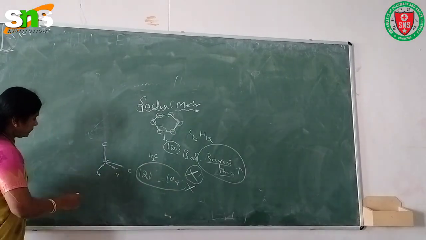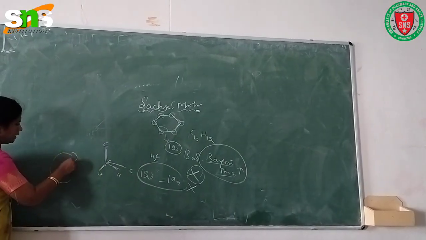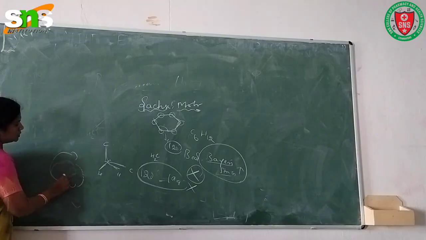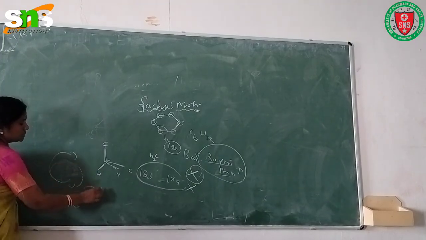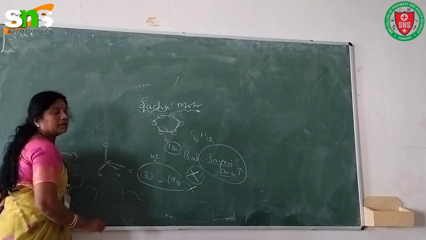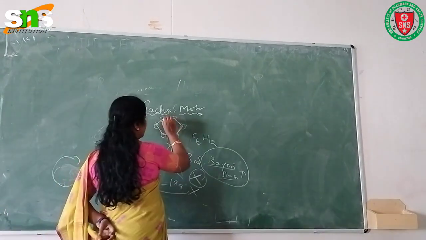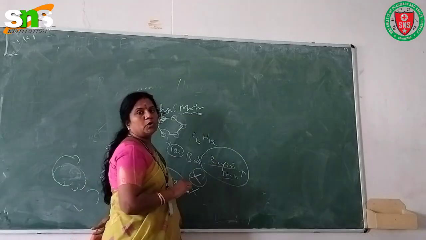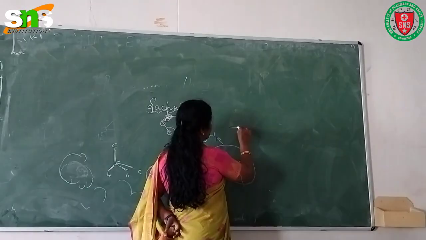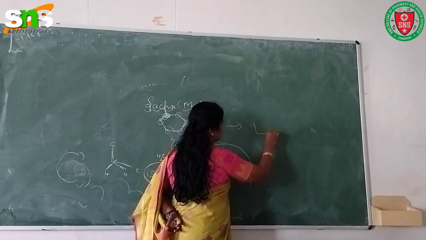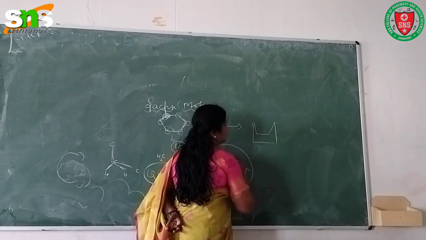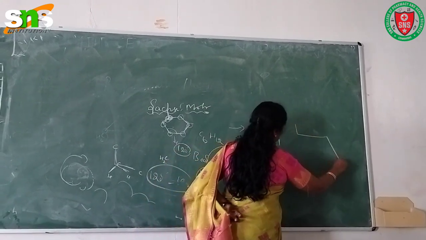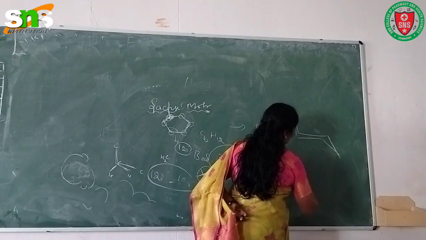Why? Because the atoms in their continuous motion go to various positions. So the position will change for the atom and its surrounding bonding atoms. It goes to various shapes, like it takes one boat form, chair form.